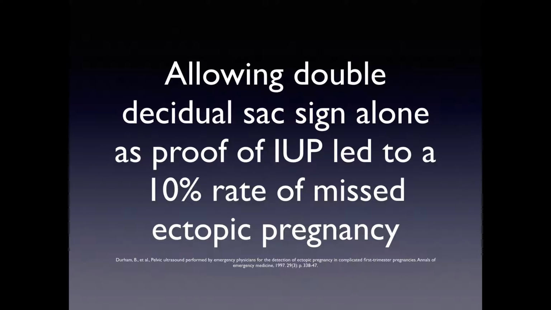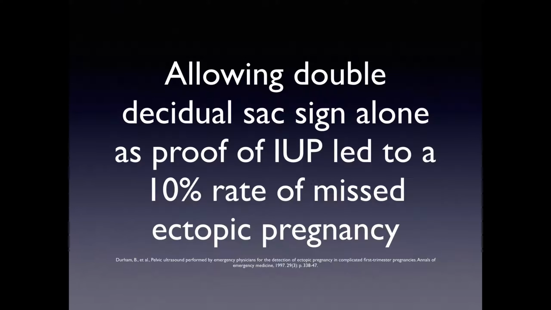The literature also tells us that when emergency physicians use a double decidual sac sign alone as definitive proof for intrauterine pregnancy, they miss up to 10% of ectopic pregnancies. Obviously, this rate is unacceptably high, which is where you see the discrepancy in practice between emergency medicine and obstetrics.